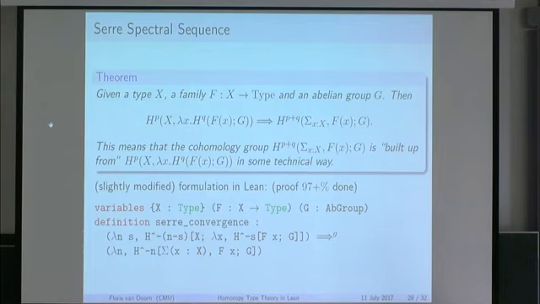And I will not give a precise statement of the Serre spectral sequence, but I will give an idea. So it starts with a type X, a family over X to type, and an abelian group G. Then in this expression, there are these things which are cohomology groups.